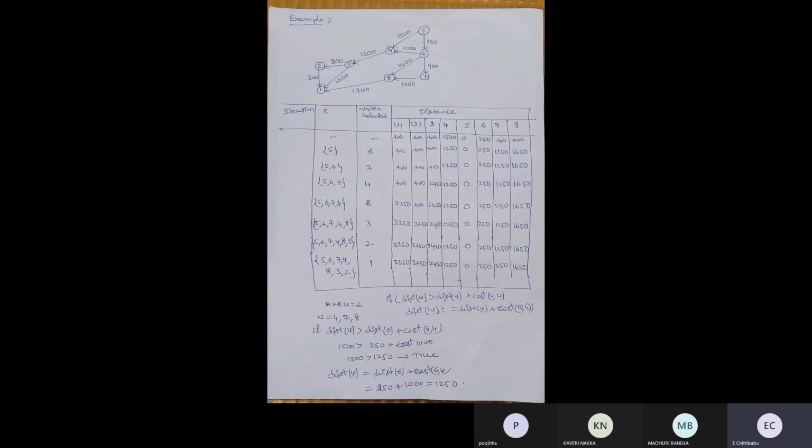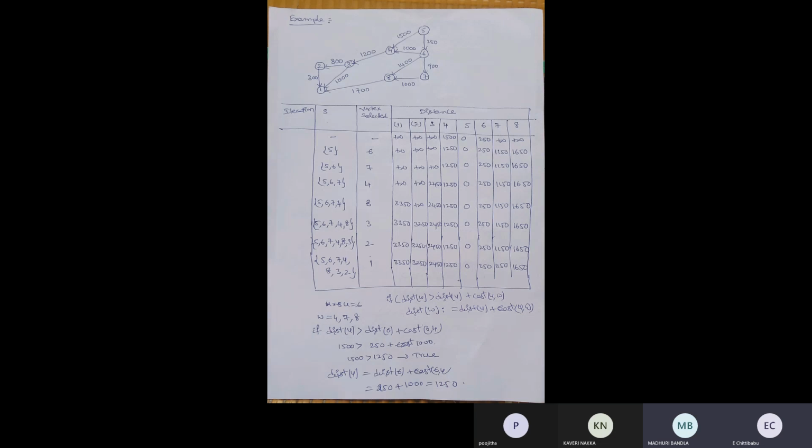The formula: if distance of w is greater than distance of u plus cost of u comma w, the condition is true, then distance of w equal to distance of u plus cost of u comma w. Here u equal to 6. First we take adjacent vertex 4.